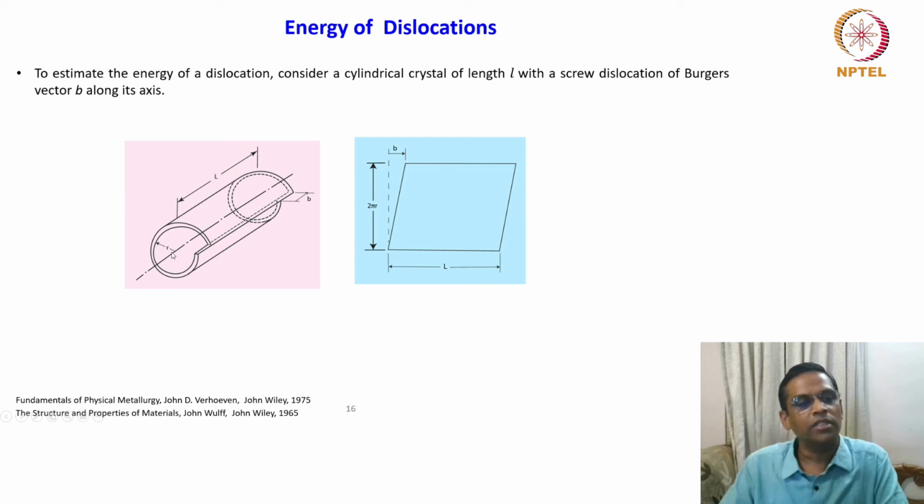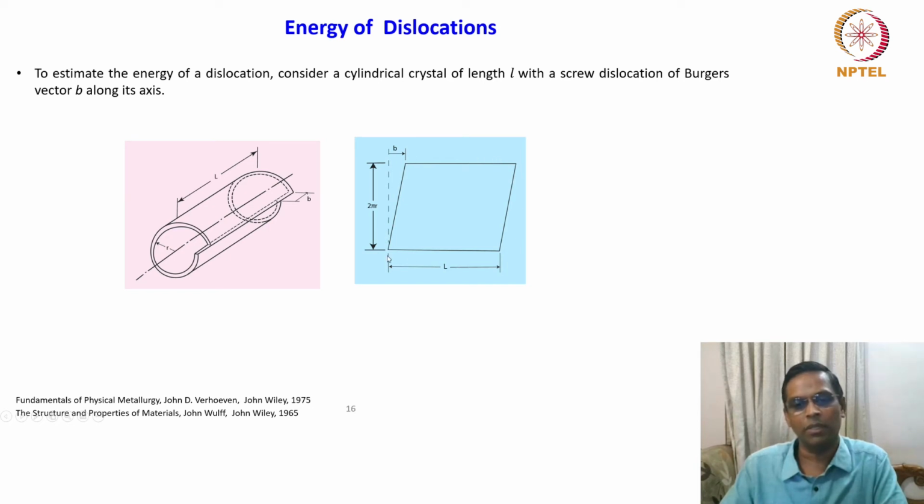The radius of the cylinder is R. The length is L. And what is shown here is, if you open this cylinder, it will be a sheet like this. And this particular geometry is very familiar to you. What is this? We described in some of our previous chapters, it's a shear displacement, right?